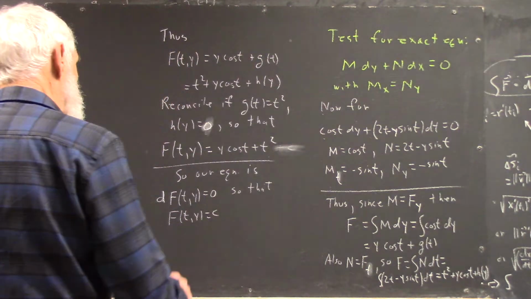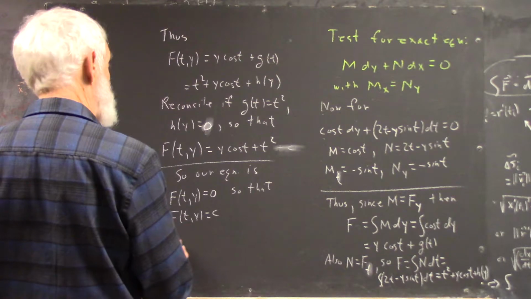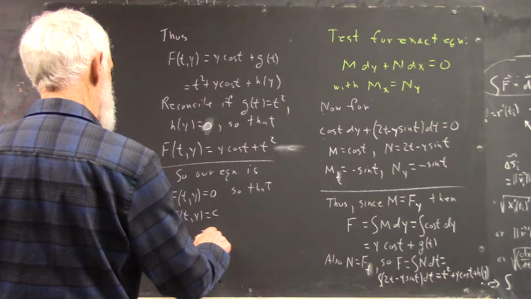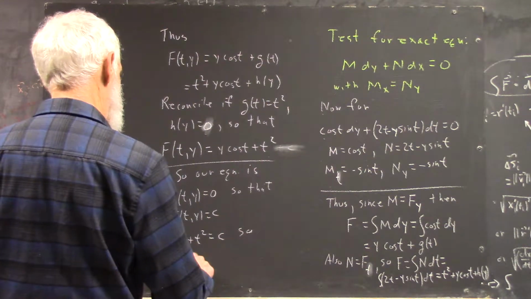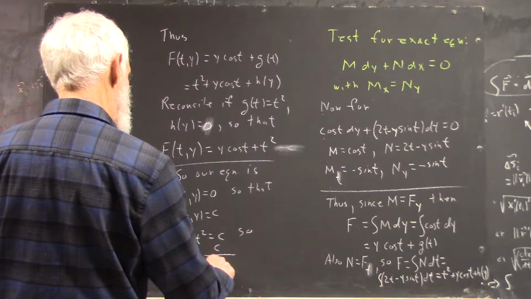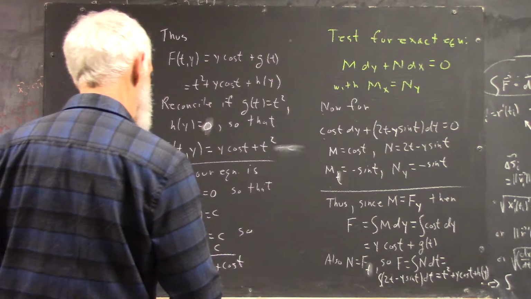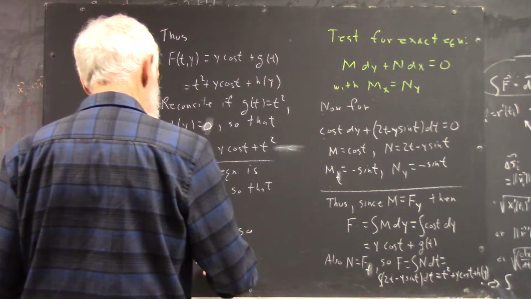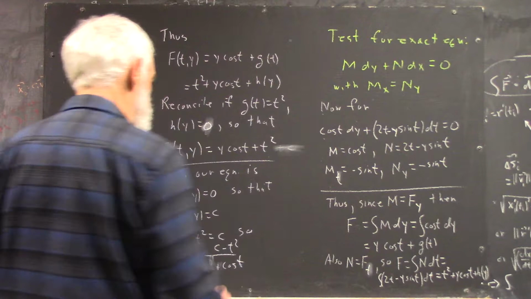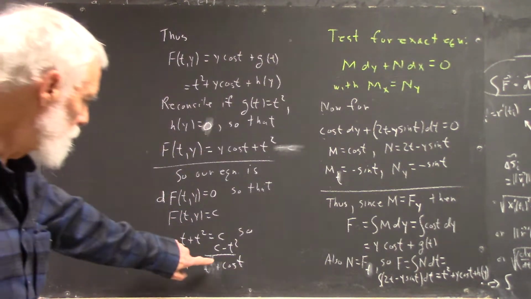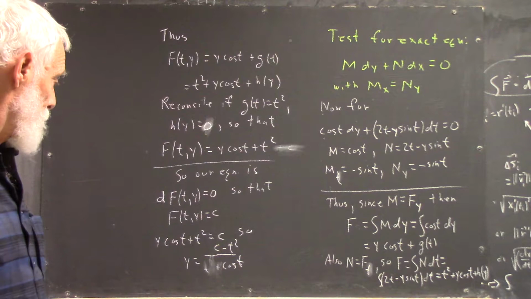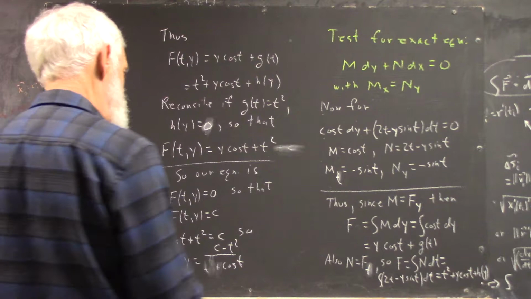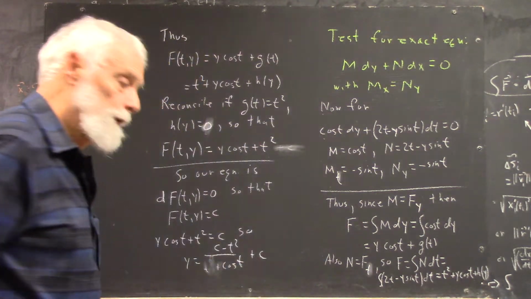Okay? So what's f of t, y? That's wrong. I go blind when I get up close and I forget what I wrote down. Okay? Yeah, just put the t squared over here, divide by the cosine of t, and then plus an arbitrary constant.